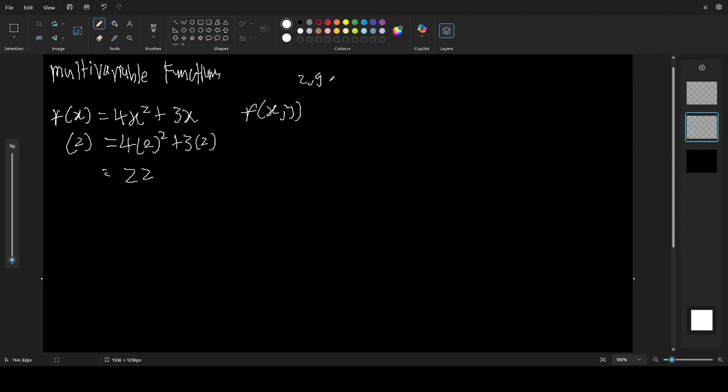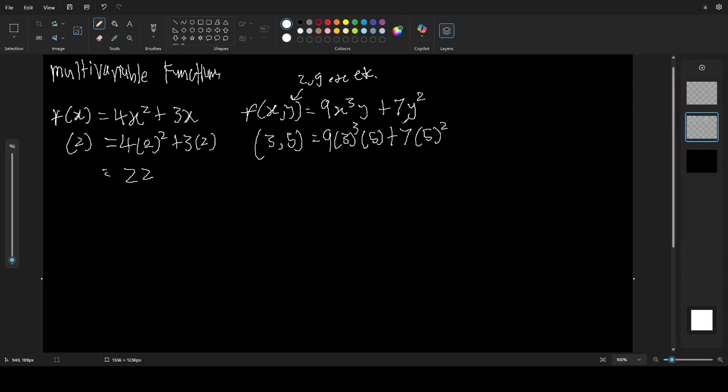As for a multivariable function, it's f(x, y), and an extra y, or maybe more, maybe an extra z, g, etc. For this example, we'll go with 9x^3 y + 7y^2. Now, if we put x as 3 and y as 5, it's 9 times 3 to the power 3, since x is 3, plus 7 times 5^2, since y is 5.